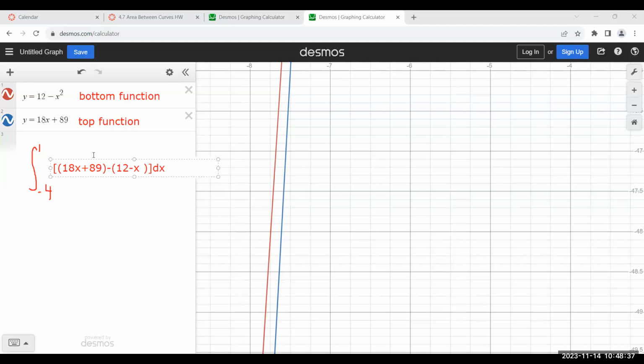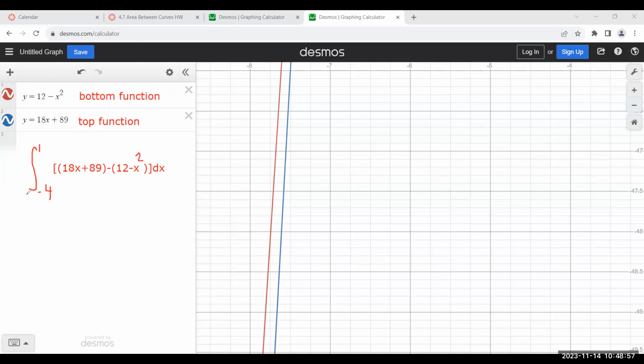And I end it with a dx, and I need to put my square. That's my square. I hope you can read that. But if you can't, I'm about to type it in the answer. There, that looks better, right?